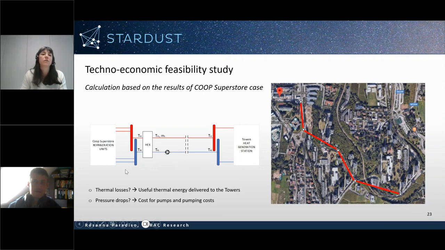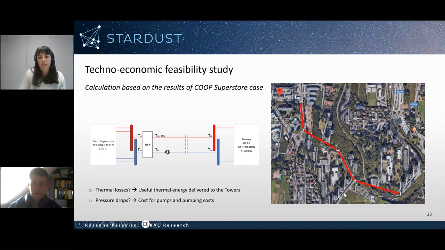We have 2 collectors, one hot and one cold, connected to the condensers of the 2 refrigeration units of the COP Superstore, and a heat exchanger, then pipings going to other 2 collectors, one cold and one hot, connected to the heat generation station of the towers.